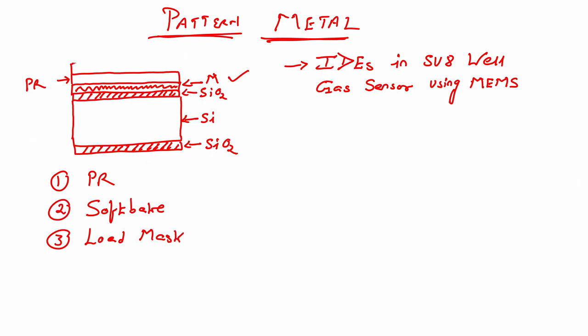So, we load the mask, the mask of our desired pattern. And then what will we do? The next step is we will expose the wafer, which is spin coated with photoresist.